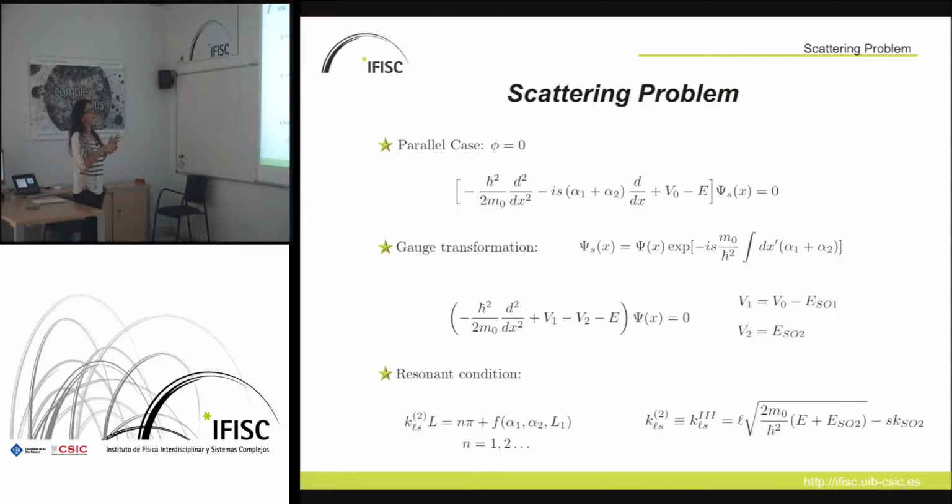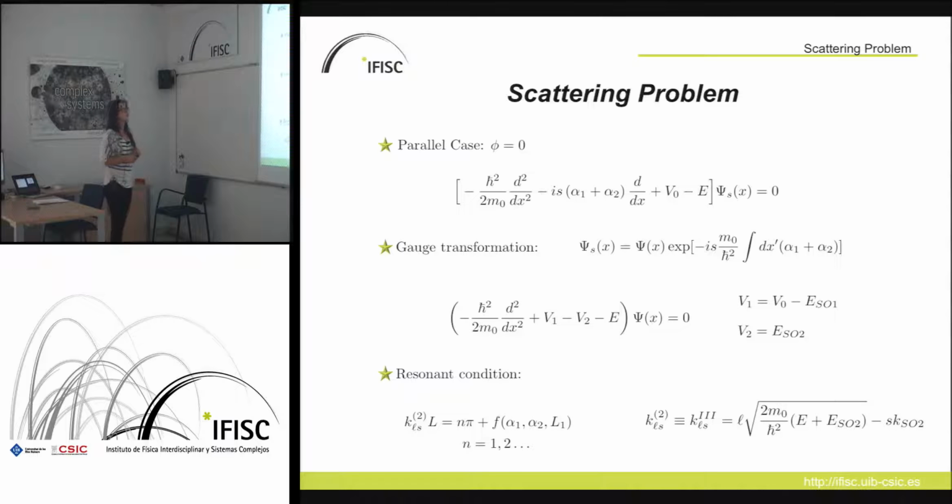If we apply an appropriate gauge transformation, we can write it in this other simple form, where V1 is the height of the tunnel barriers. And here we can see better that the role of the Rashba spin-orbit interaction in the QPCs is to lower the top of the barriers. And V2 is proportional to the Rashba field in the center region. Then V2 is the depth of the quantum well in between the tunnel barriers.